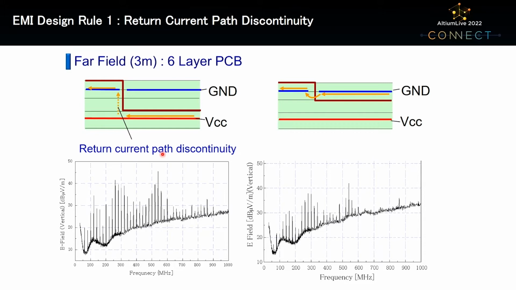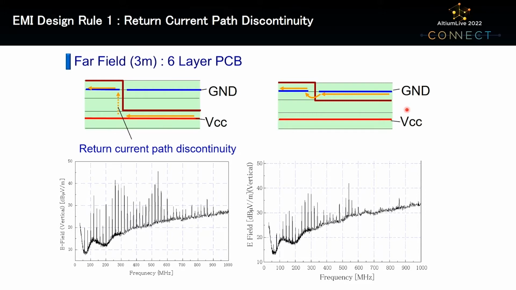So the return path of the top layer flows into the second layer, and the return path of the fourth layer flows into the fifth layer.